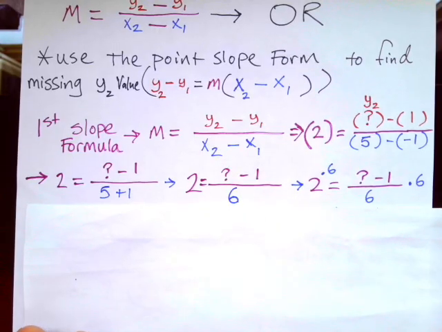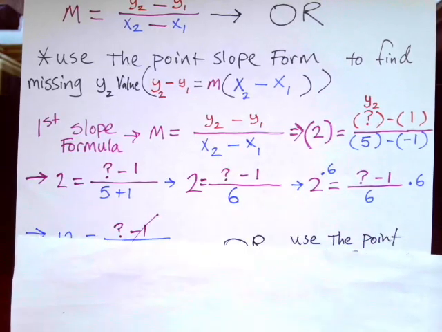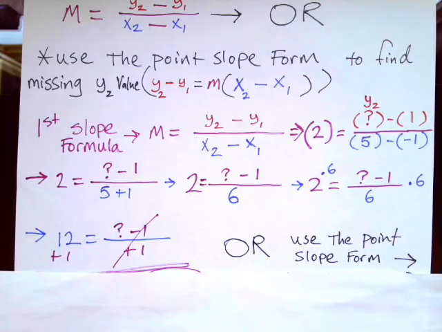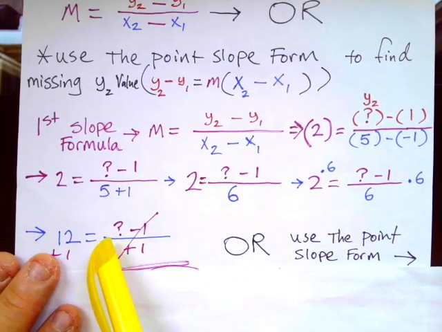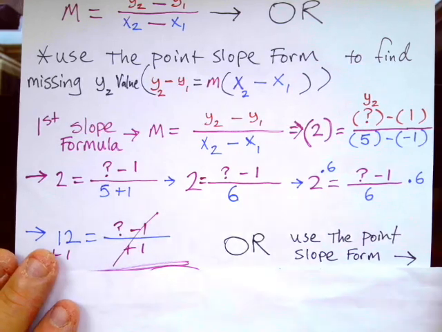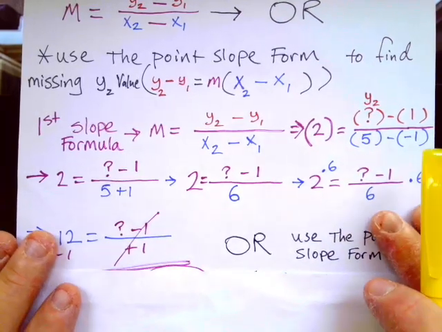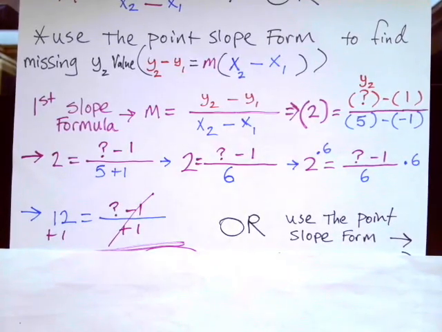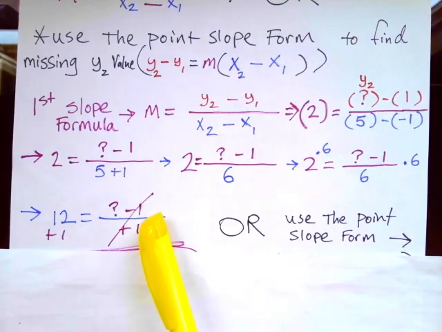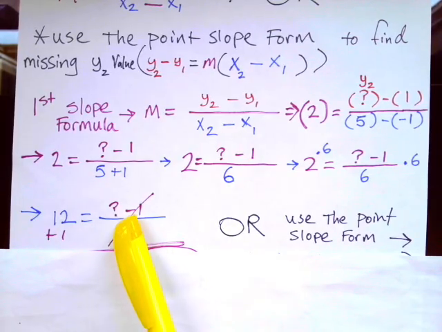2 times 6 is 12. So I'm going to show you that here in the next step. I have 12 equals question mark minus 1. And so I don't want this to get confusing or too shaky, so I'm going to take my time here. What is the opposite of subtracting 1 to both sides?